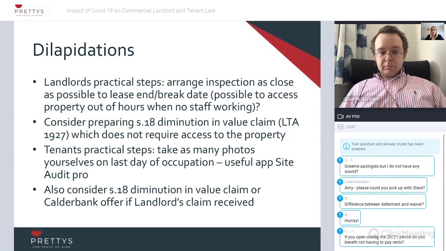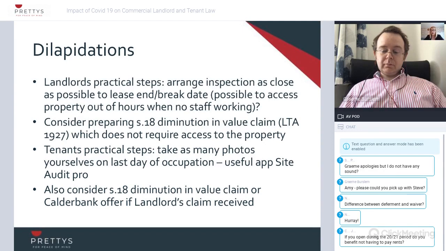Again, tenants can also consider a Section 18 diminution in value claim, or a Calderbank offer, which is a sort of without prejudice offer in relation to dilapidations specifically, that is open on the table for a specific time period and can have an impact on costs.